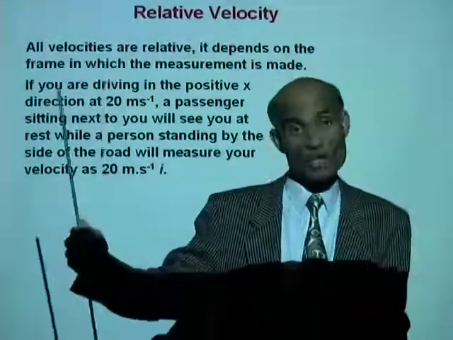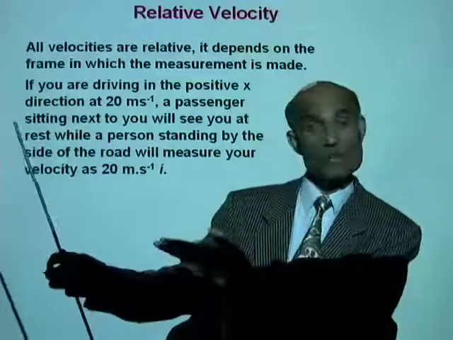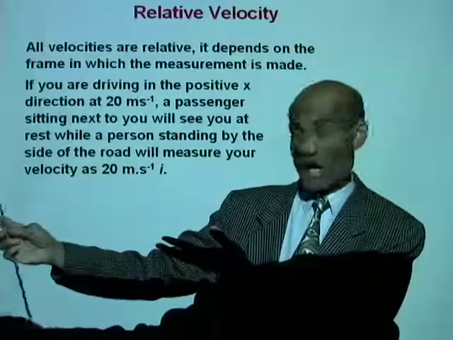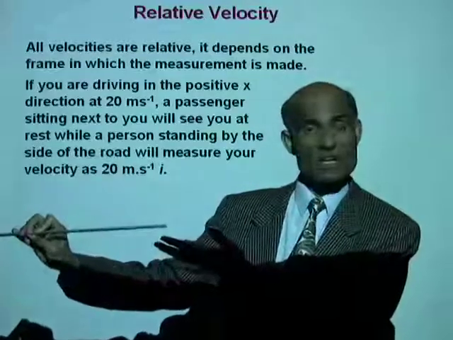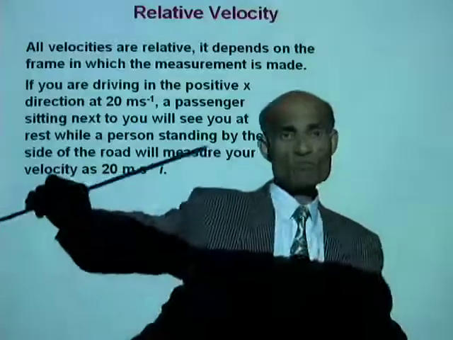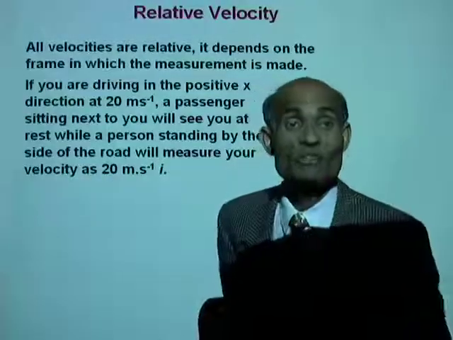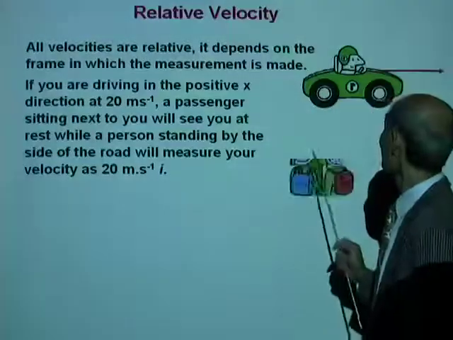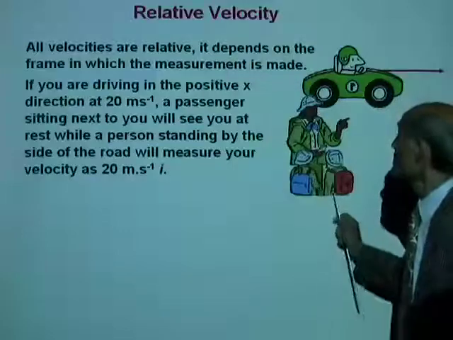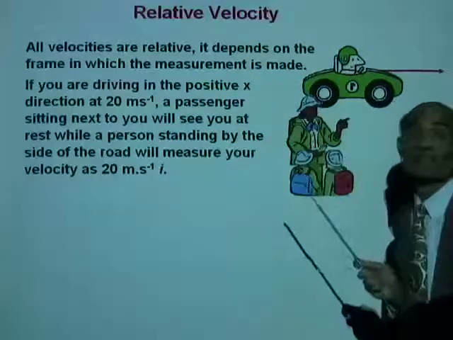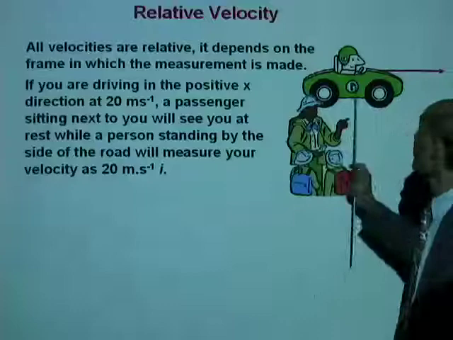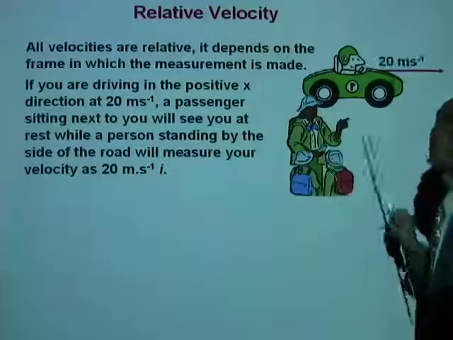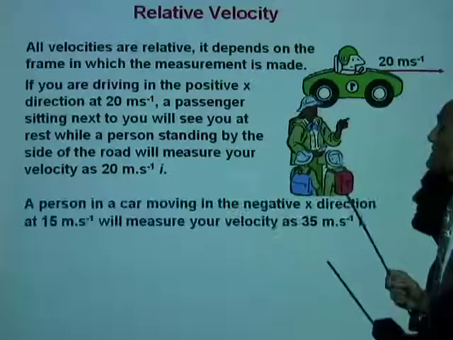You look at your friend in the passenger seat and say, hey, you are at rest. But your friend standing outside looks at the passenger and says, the passenger in the car is moving in the x direction with a velocity 20 meters per second. Yes, so the person outside will see the person in the car moving due east with a velocity 20 meters per second.